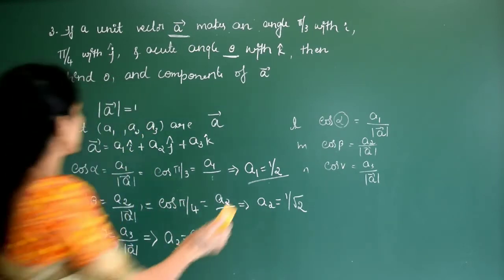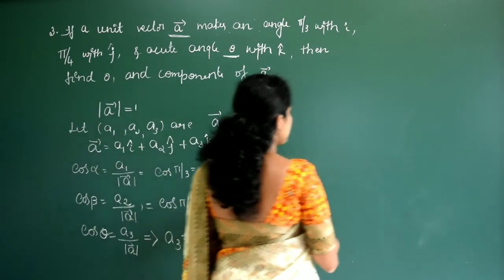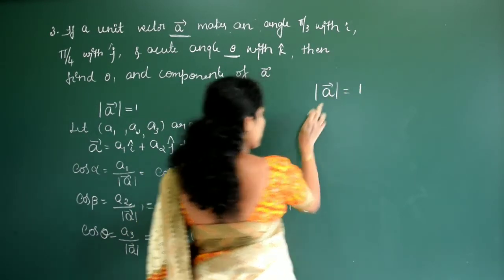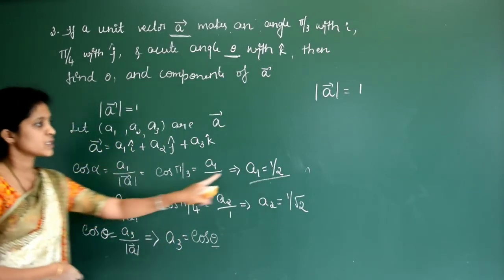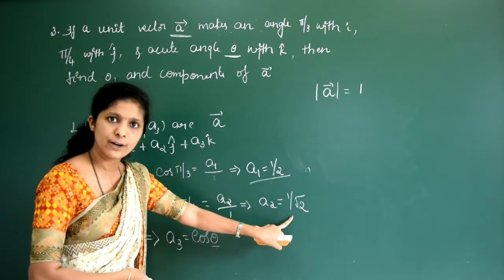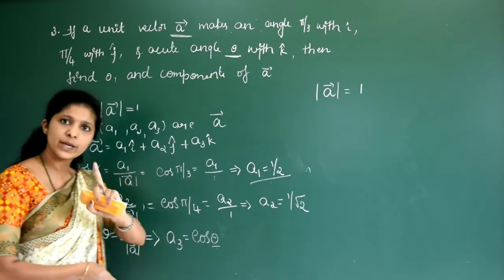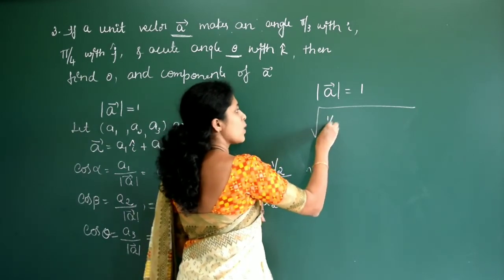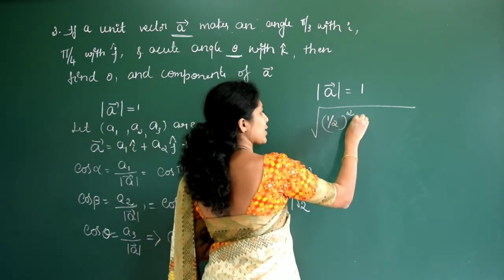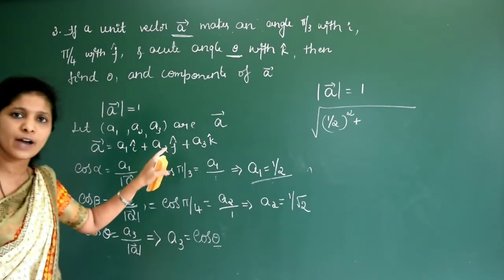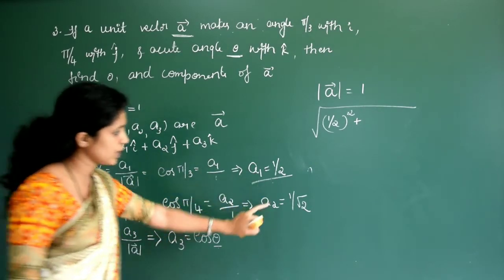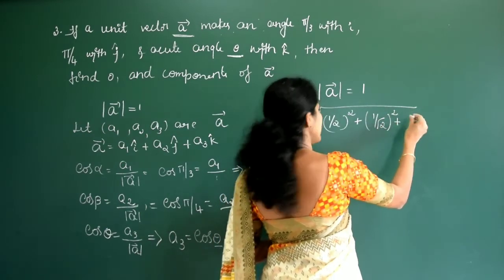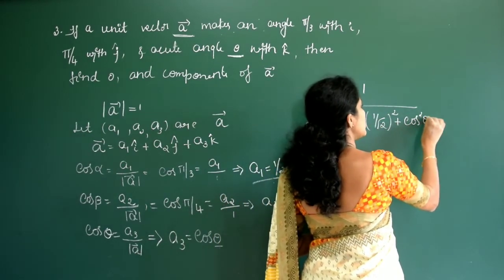One more thing: the magnitude of A vector is equal to 1. So the square root of the sum of the squares of the components should be equal to 1. The magnitude is nothing but the square root of the squares of the coefficients of I, J, K. So root of (1 by 2) whole square plus (1 by root 2) whole square plus cos square theta is equal to 1.